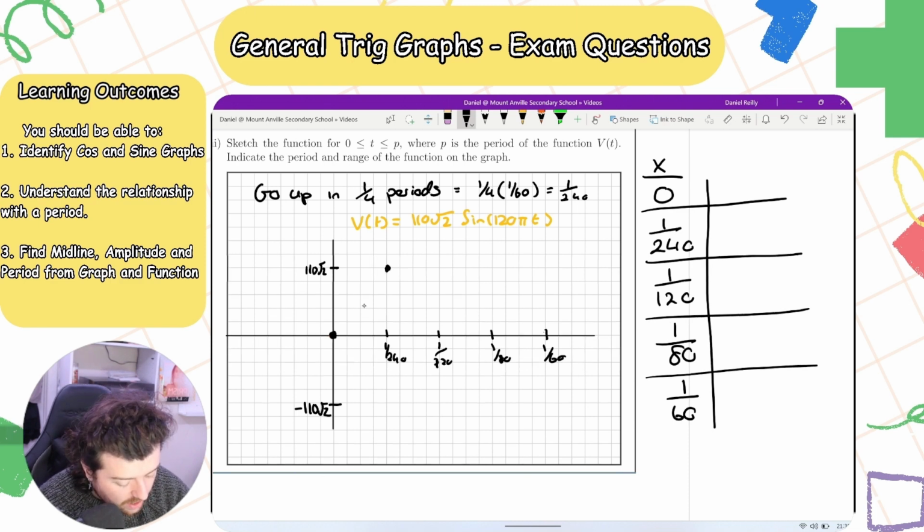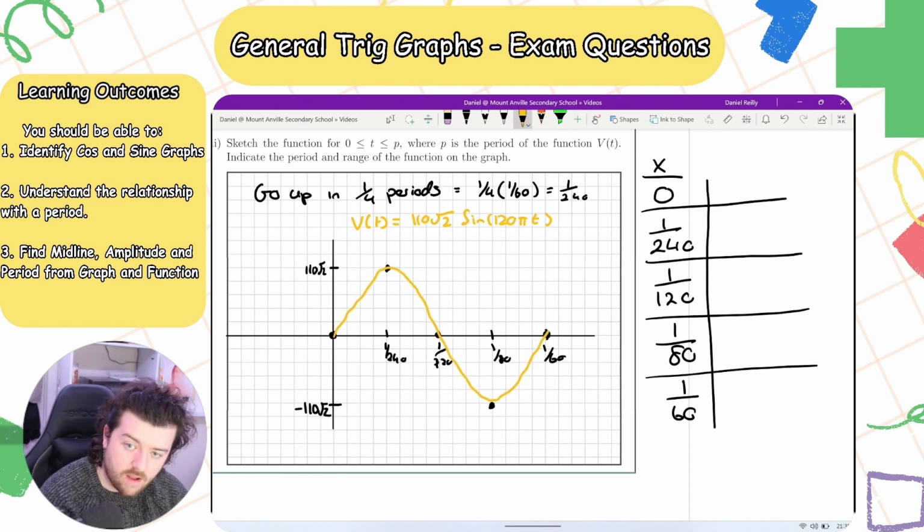My maximum is here after a quarter of a period. Half a period, I'm back in my midline. Three quarters of a period, I'm down to my minimum, and then I'm back up to my midline for a full rotation. And there you go. That is what my graph looks like, the volts.